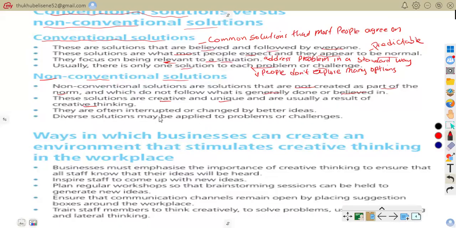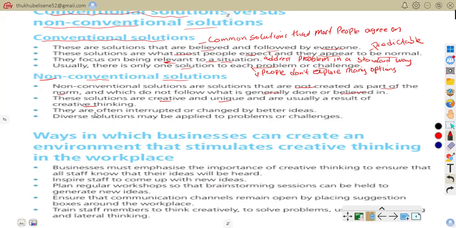Here we are talking about creative and unique. It means that they are original and different from others. So that is that.